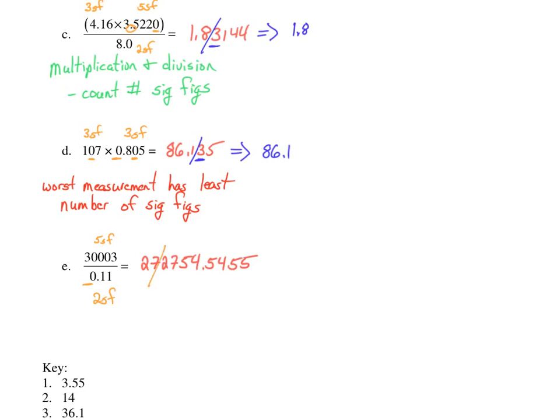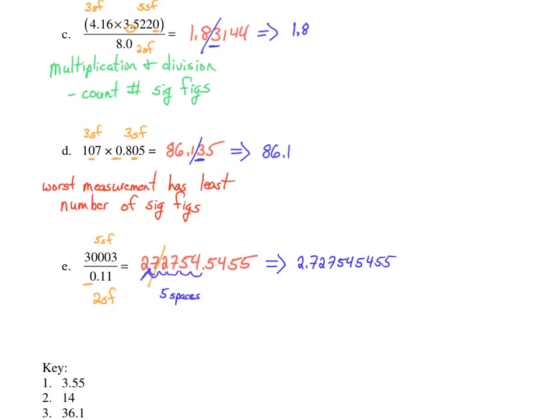To express this result with 2 sig figs, first what we're going to do is to convert this to scientific notation. The first step will be to determine the coefficient. The coefficient is always a number up to, but not including, 10. So in order to do that, we see we've moved the decimal point 5 spaces.